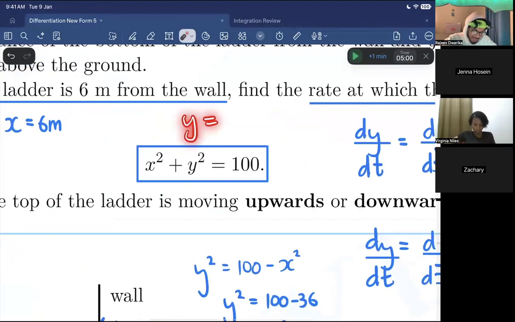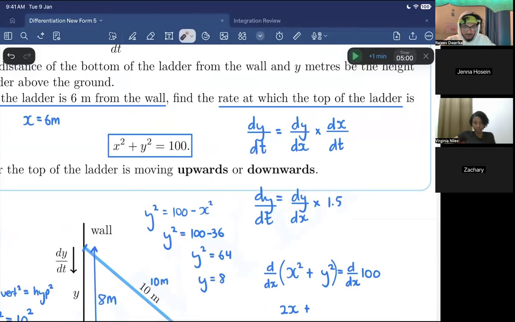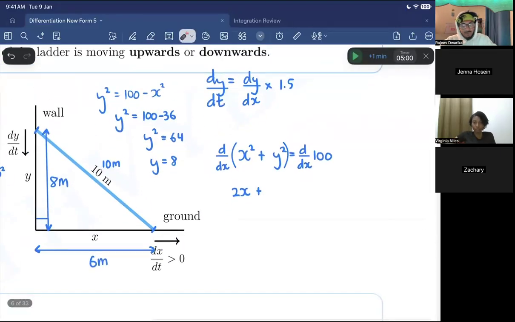Like, I know you could just say the square root of 100 minus x squared and use the chain rule. I know, but in the class I had earlier tonight I was showing them implicit differentiation, so I'm just showing them how to do implicit. I just wanted to do it one time.